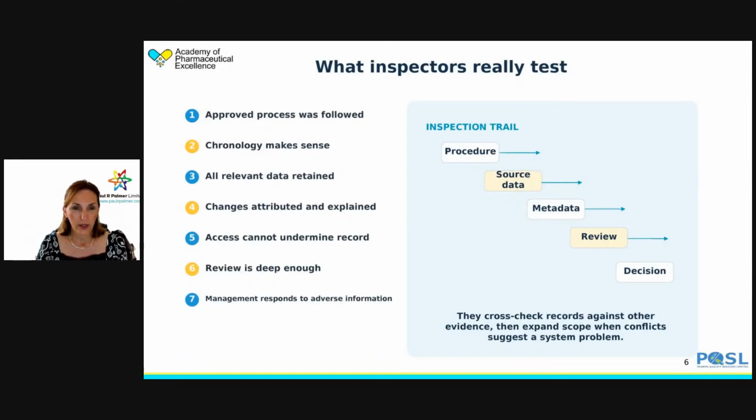When the records start to conflict, the scope of the inspector's inspection, what they are looking at, will start to expand. And if you experience that, you can see that they start to dig more. That means they are not happy with the responses that they've been provided up to that point.